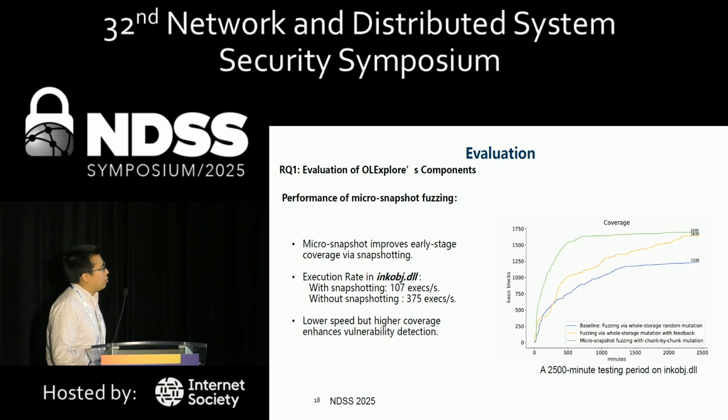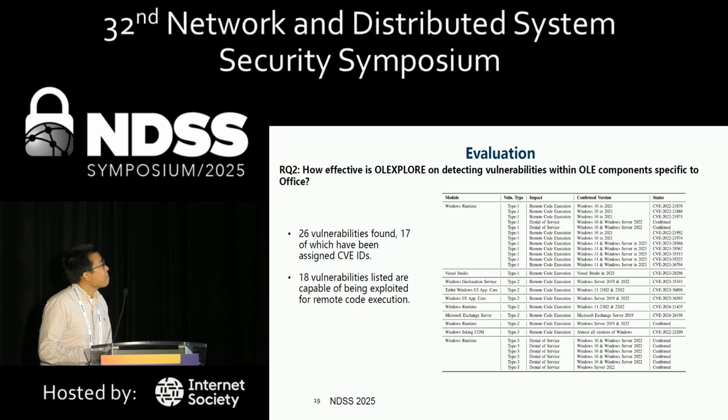They can do 107 executions, and without it, you can do more executions. But this shows that even though the speed is lower, the coverage is higher, so you have more probability to detect vulnerabilities.